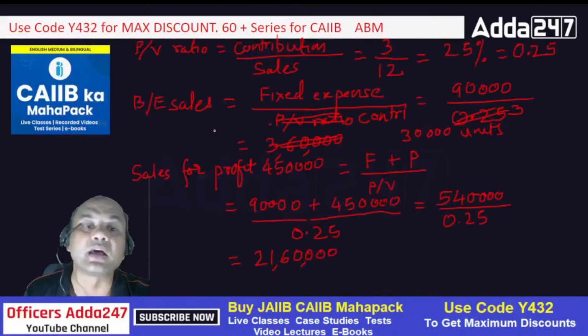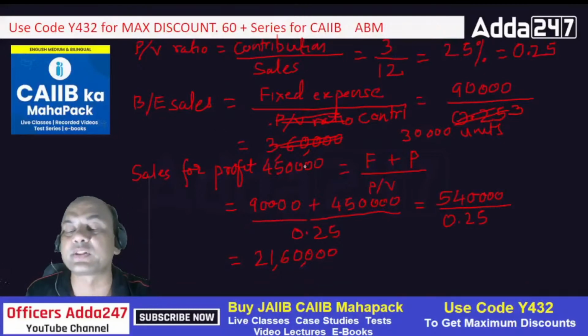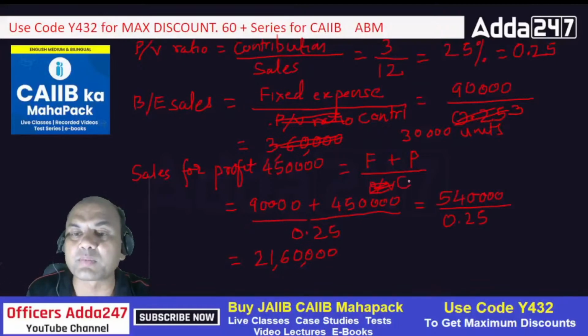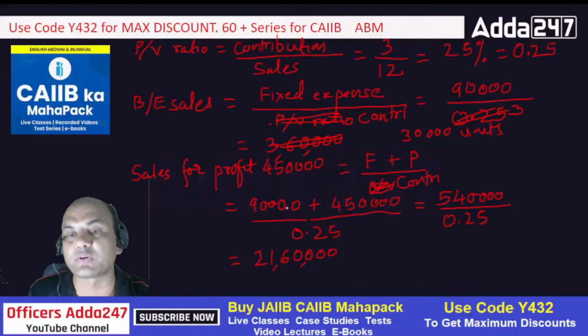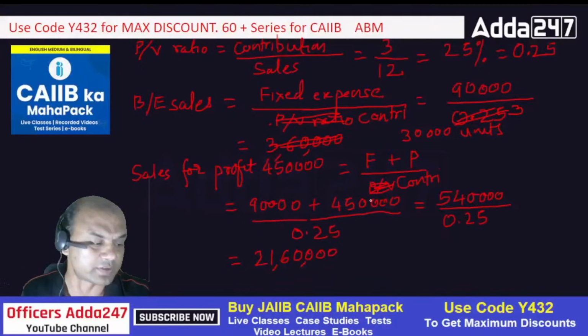Now there is a third question which says sales for a profit of 4,50,000. So again the same formula, fixed expense upon contribution, just add the profit over here. So F plus P upon contribution. F plus P is what? Fixed cost is 90,000. Profit is 4,50,000.